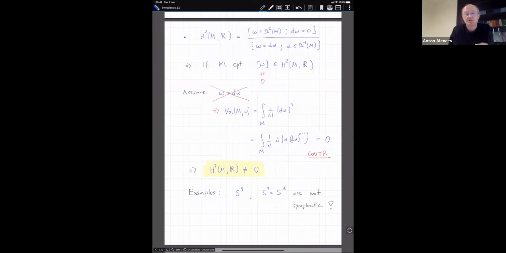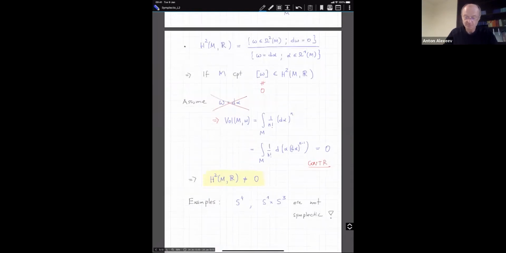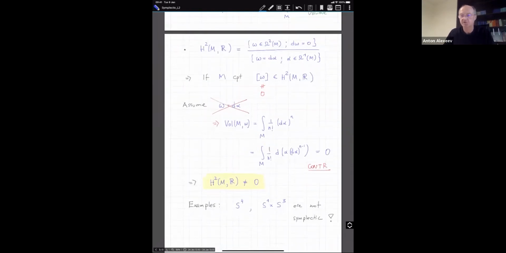If you know what H2 is, you would know those spaces have vanishing H2. If not, we can look it up in some table. So no symplectic structure.